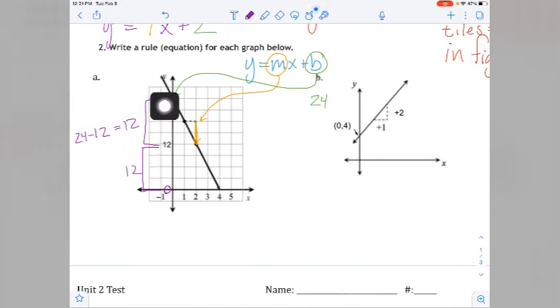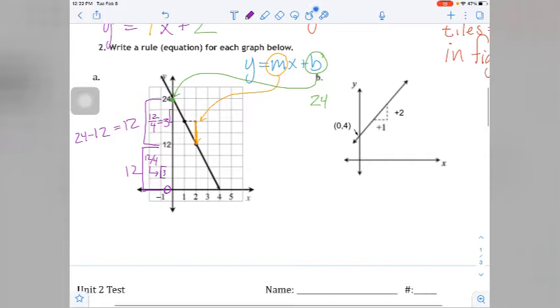And these lines divide this distance into 4 parts. So 12 divided by 4 equals 3. So I know that each one of these distances here is 3.